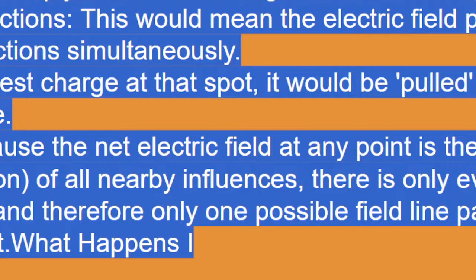Also, it will have two directions, which is conflicting. So, if you place a test charge at that spot, it will be pulled in two different directions. So, you cannot have multiple tangents, conflicting directions, or a charge pulled in two different directions. All these three are violations. So, the conclusion is the net electric field at any point is the vector sum of all nearby influences, and there is only one resultant vector. Force is a vector, and there is only one possible field line passing through that point.